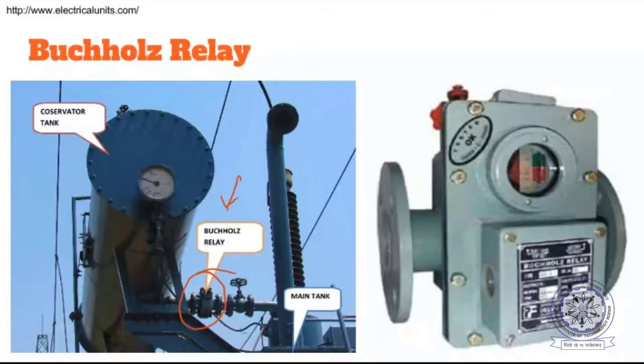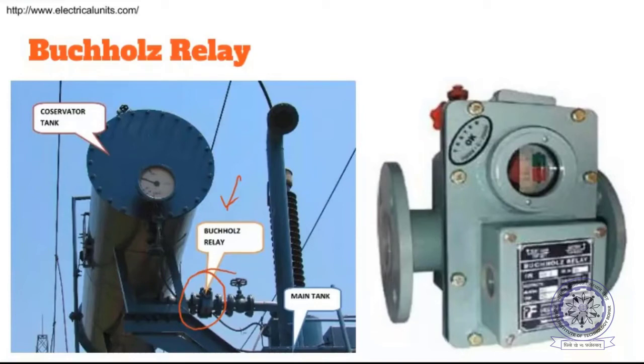Excessive heat is generated due to some short circuit or something like that, and some gases will be generated due to that excessive heat. These gases in fact indicate that there is a danger to the transformer. So the transformer has to be tripped immediately if they exceed a certain level. So this relay, this is the physical structure.